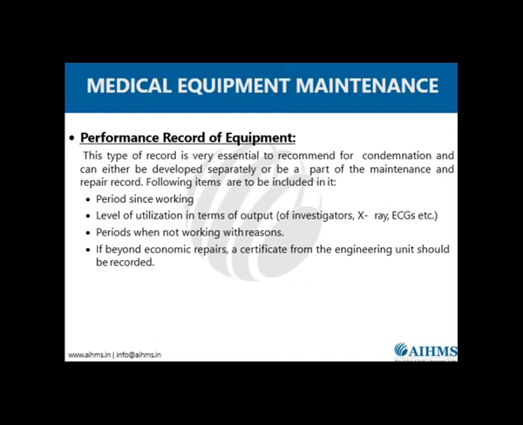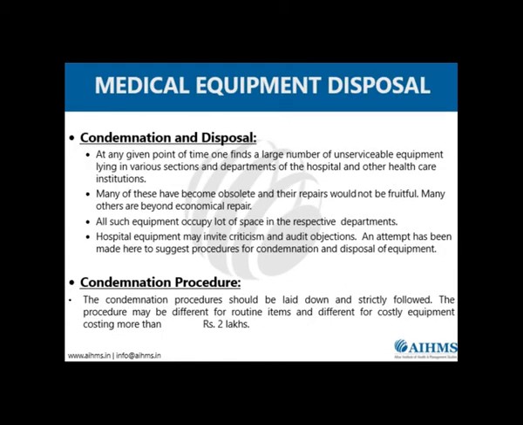So a cost-benefit analysis has to be done, along with the periods when the machine was not working and the exact reasons for it. If they are beyond repair, then a certificate from the engineering unit should be recorded that the machine is of no use and has to be discarded or sold as scrap.